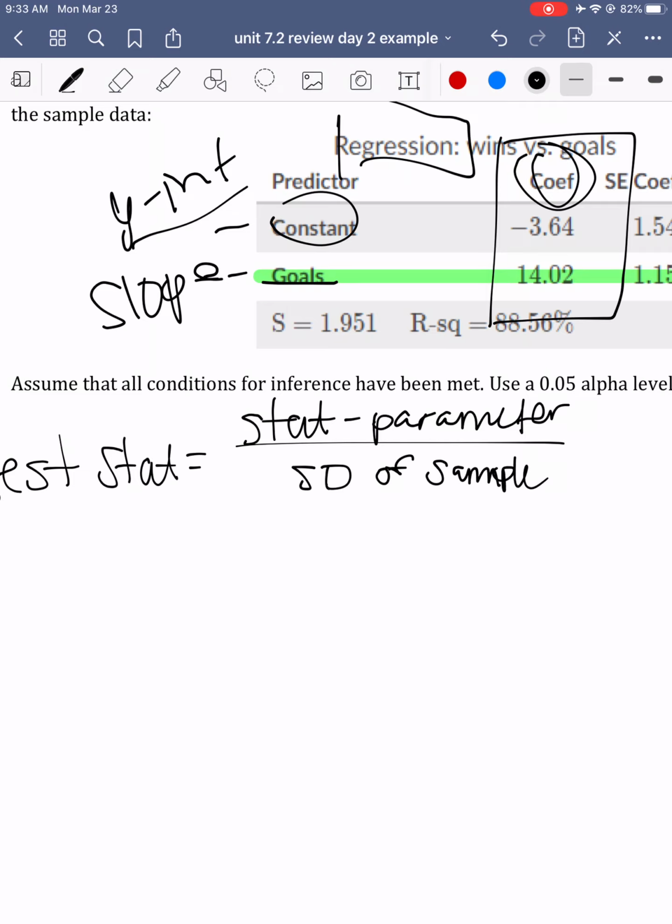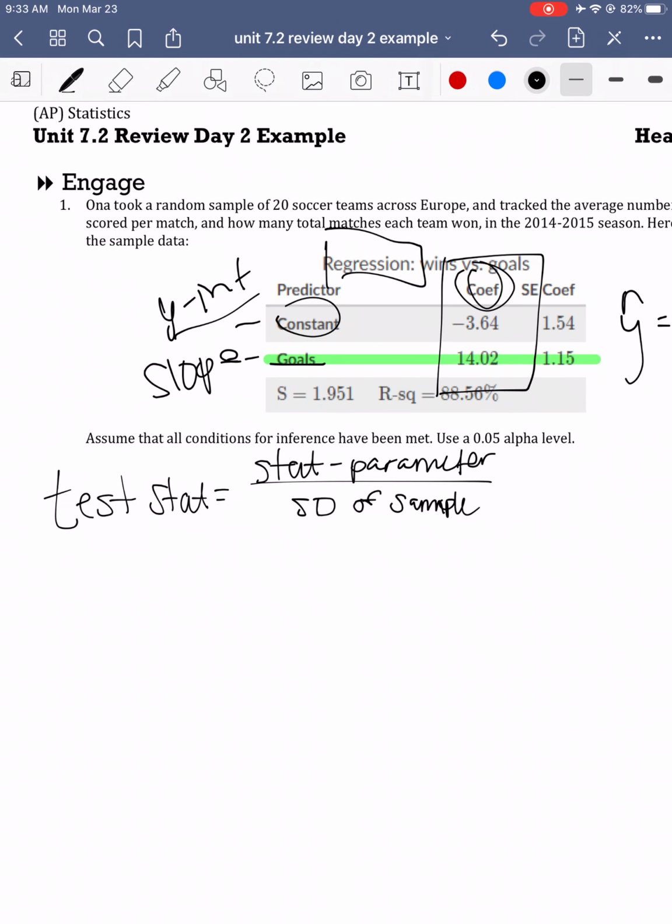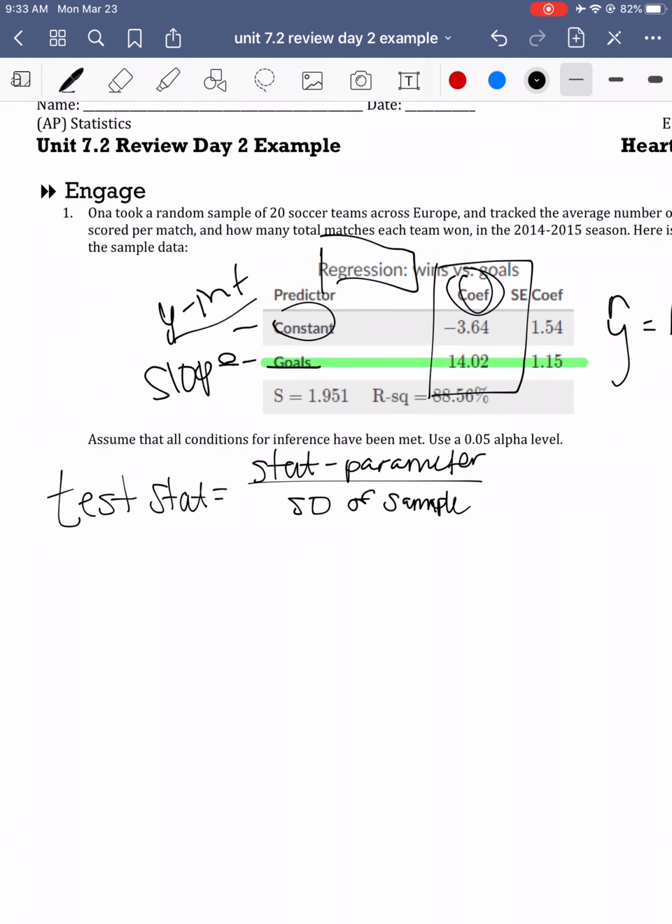We talked about how the parameter in a two-sample proportion or two-sample mean is equal to 0. And that is going to be a similar case here where our parameter is equal to 0. This is in full generality, this equation here. Let's just do the actual equation for this problem.